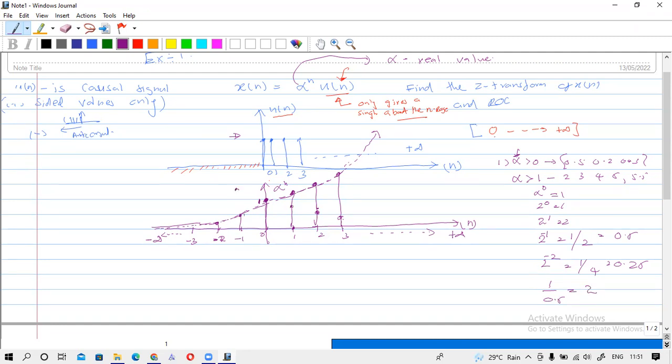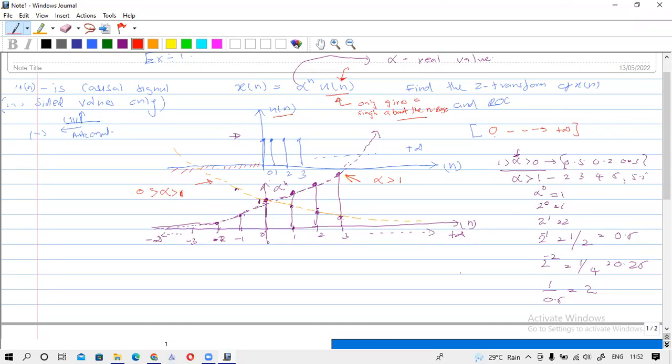So if alpha is between 0 and 1, you will get this kind of signal. This we get if alpha is greater than 1, and this we get if alpha is between 0 and 1.